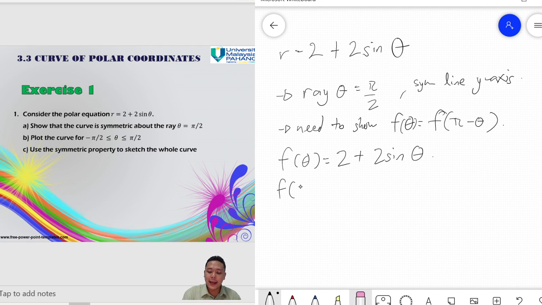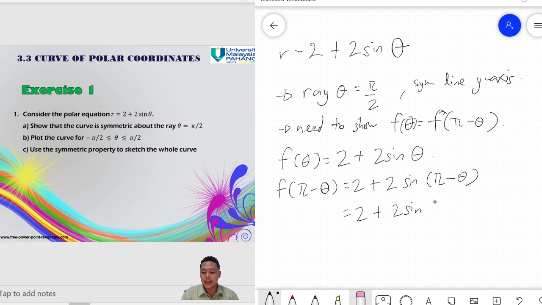And what is f of pi minus theta? Then you replace it inside, it will be 2 plus 2 sine of pi minus theta. Okay, I will use the supplementary identity.